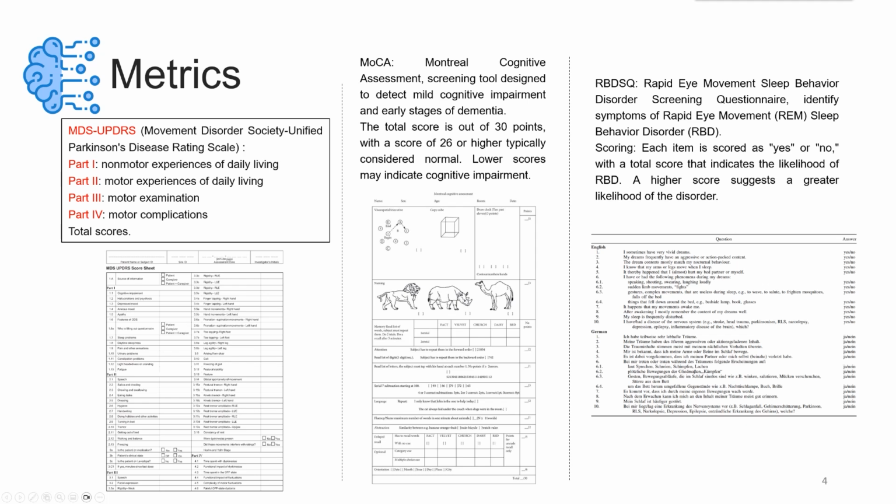Cognitive decline, now recognized as a common PD issue, can be assessed with the Montreal Cognitive Assessment. Other tools like the Schwab and England ADL scale, REM Sleep Behavior Disorder Screening Questionnaire, and Geriatric Depression Scale help further assess PD. Modern methods also consider subtypes and advanced indicators like freezing of gait, postural stability, and fall risk.